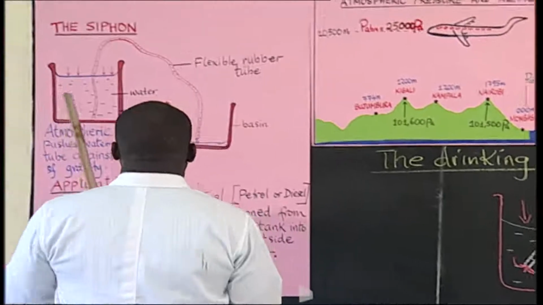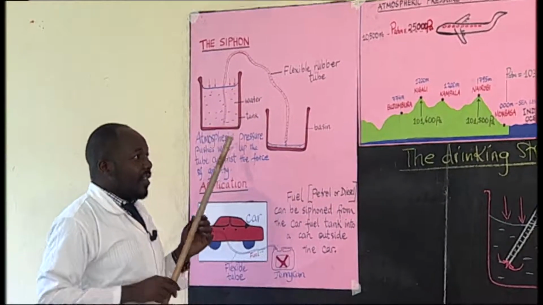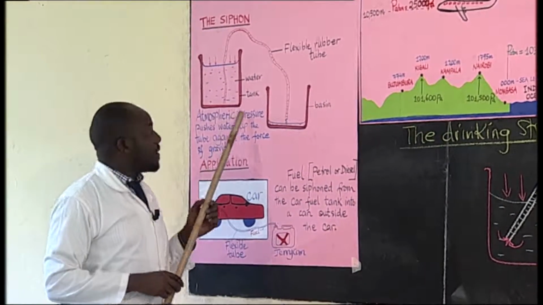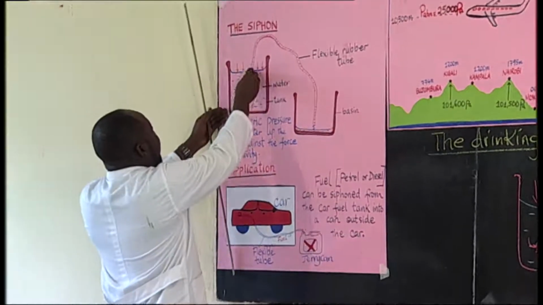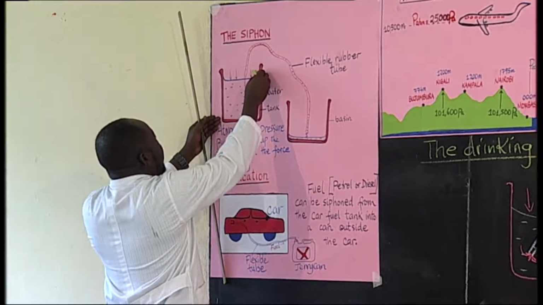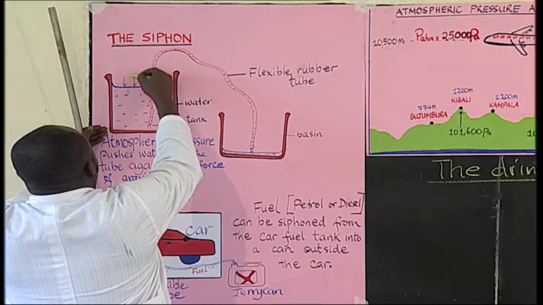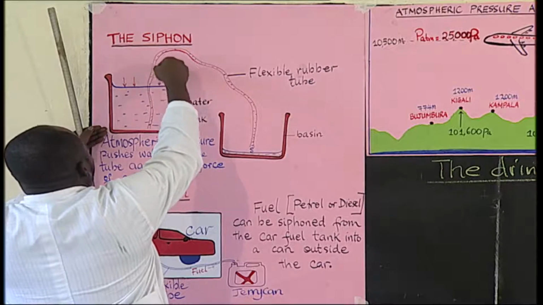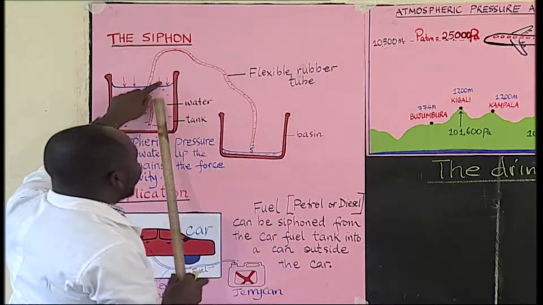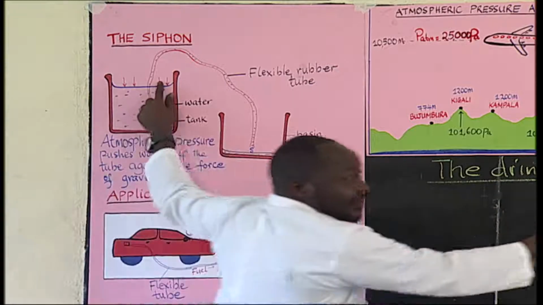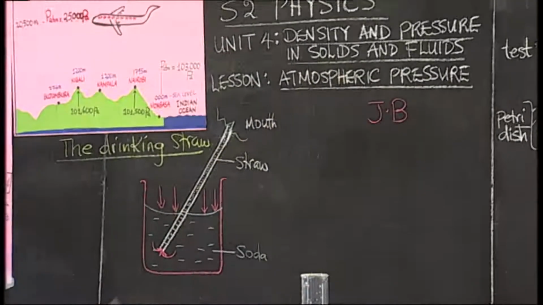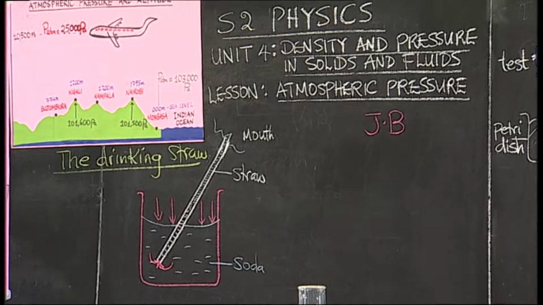Atmospheric pressure. And so, when you come to this, you see that this liquid surface is exposed. And so there's a pressure which is acting downwards. And this pressure is what is referred to as atmospheric what? Atmospheric pressure. It is pushing it downwards.